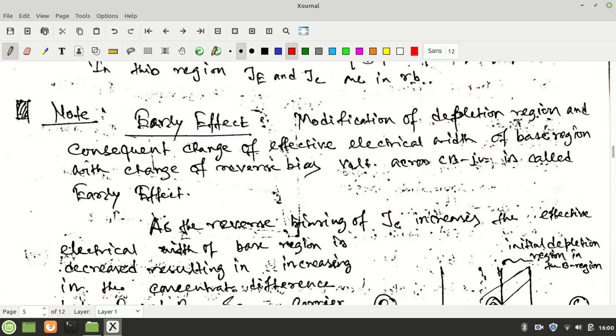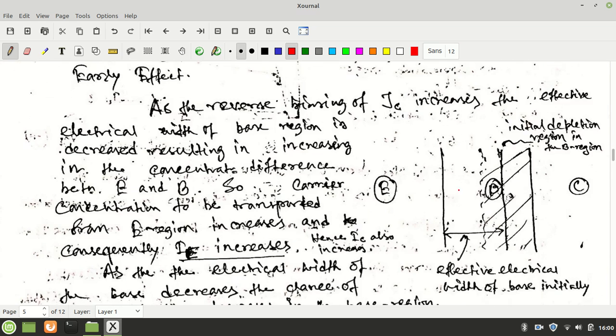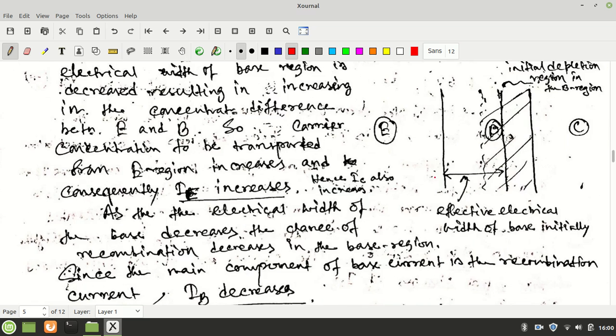First, the early effect. The early effect is the modification of the depletion region and the consequent change in the effective electrical width of the base region. See, emitter, base and collector are drawn here, and this is your emitter base junction JE, and this is your collector base junction JC. In the collector base junction there is a depletion region, so there is an effective electrical width of the base initially.